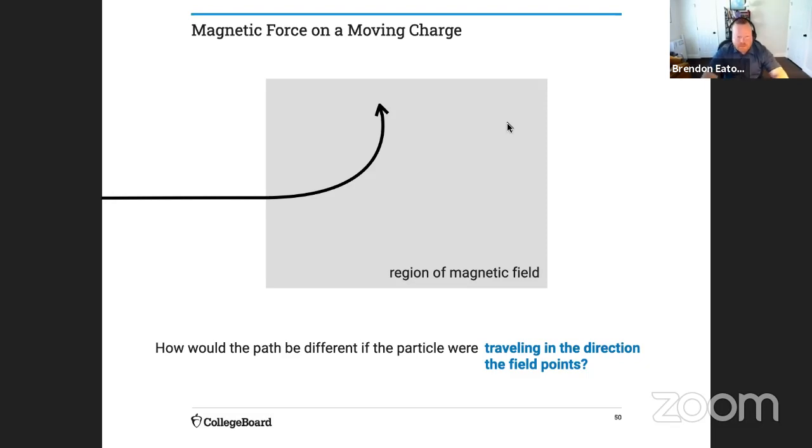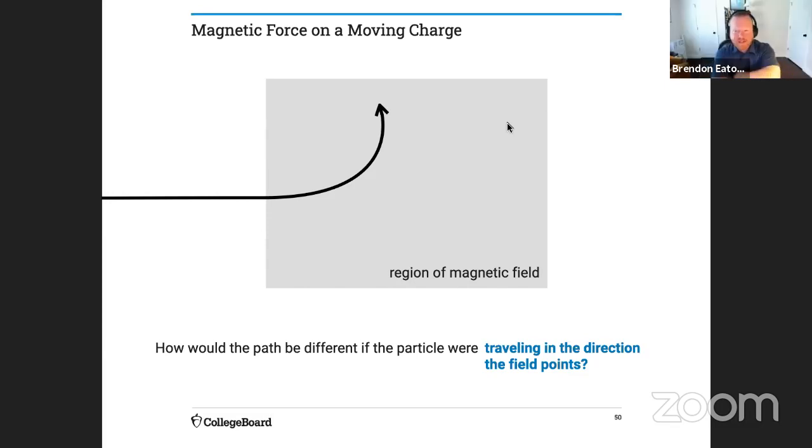I feel like Mr. Mancino is trying to trick you. He wrote this one. I am full of trickery. How would the path be different if the particle were traveling in the same direction that the magnetic field points? If the particle's velocity were exactly parallel to the direction of the magnetic field?